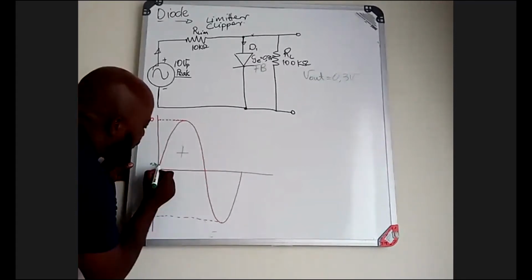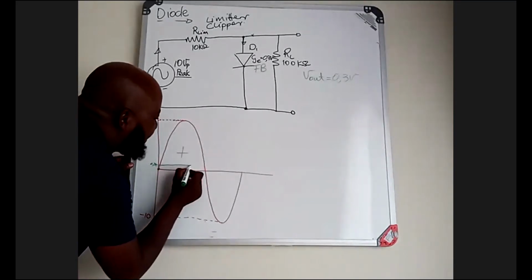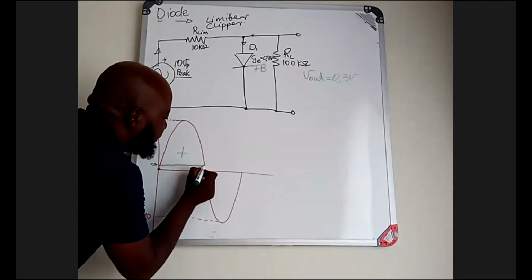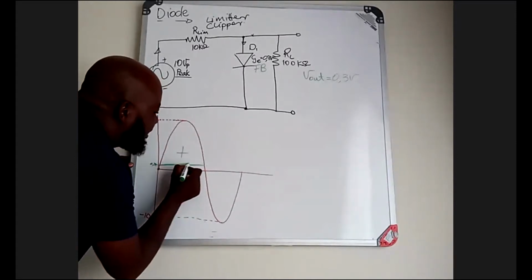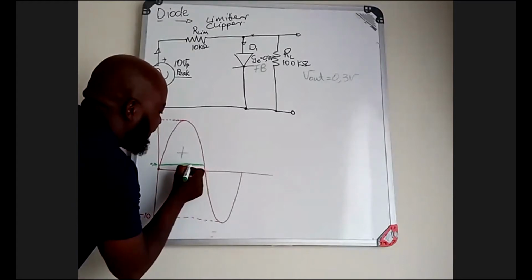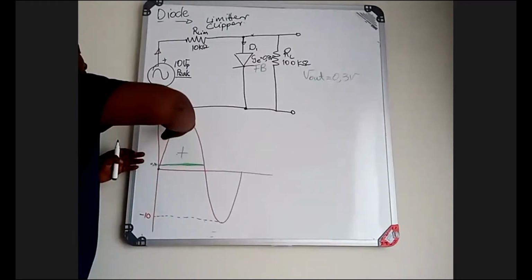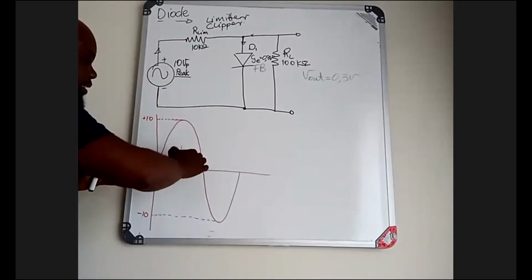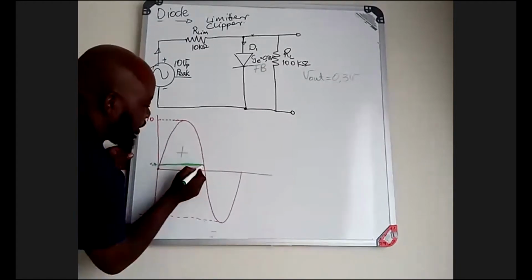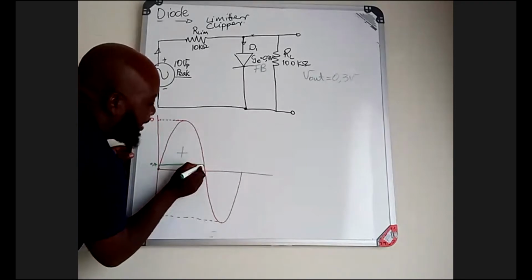So your voltage will stay at 0.3 until your signal moves positively to its maximum peak, then decreases up until this point here, where your output stays at 0.3 volts.